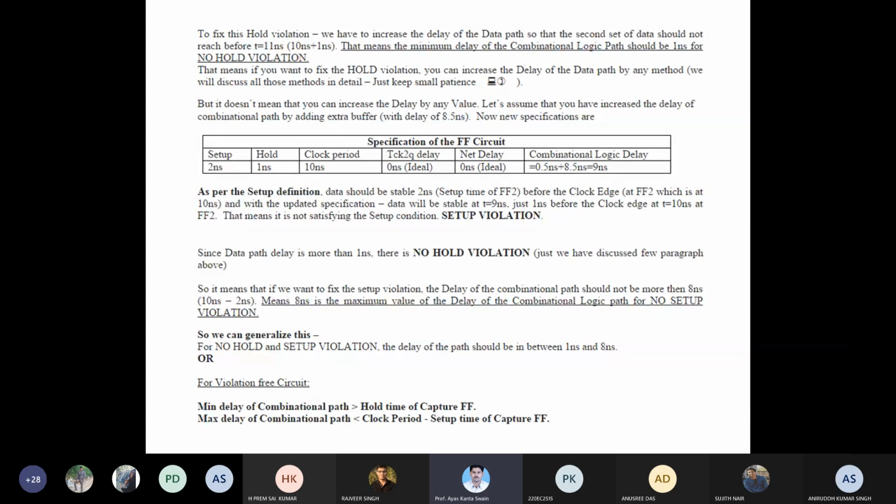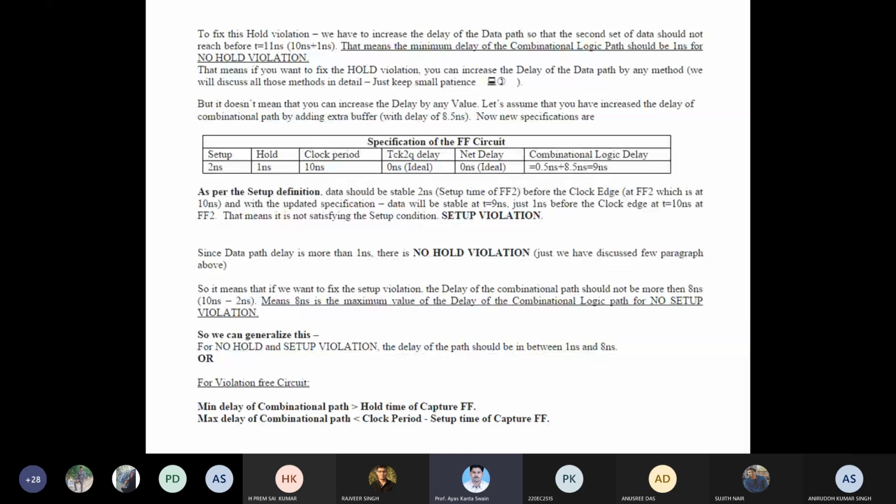Now in this slide, we'll summarize: is there any generalized formula to observe a violation-free circuit? Let us see here. To fix this hold violation, we have to increase the delay of the data path so that the second set of data should not reach before 11 nanosecond.